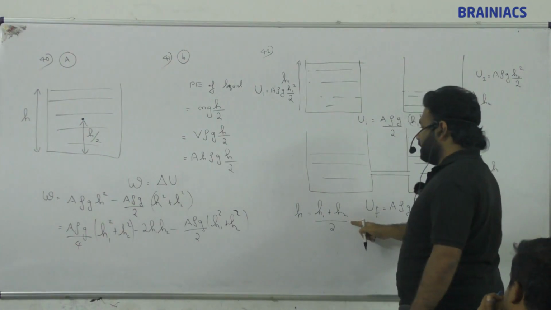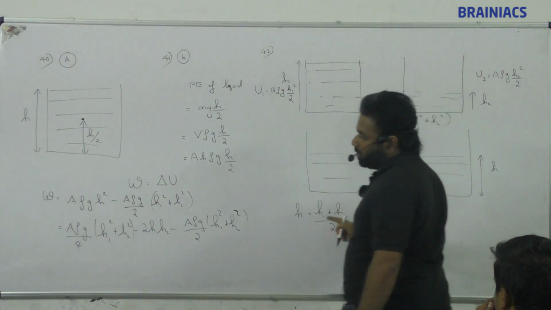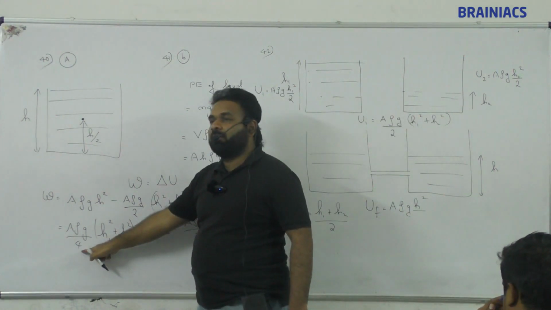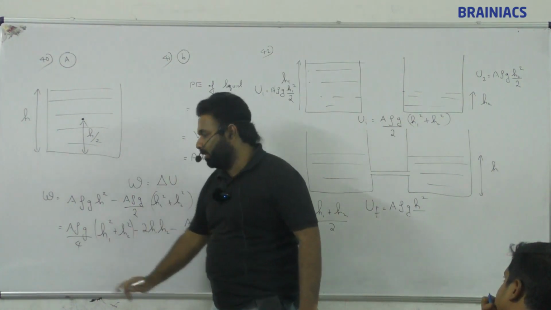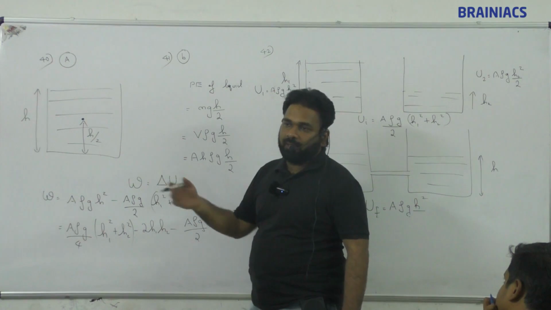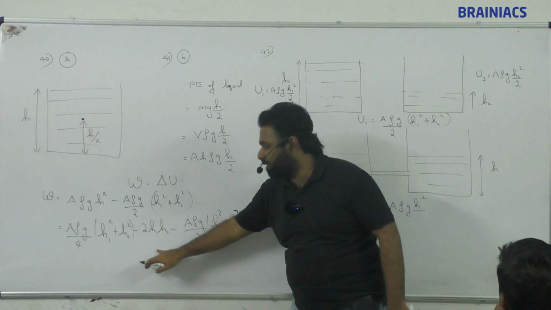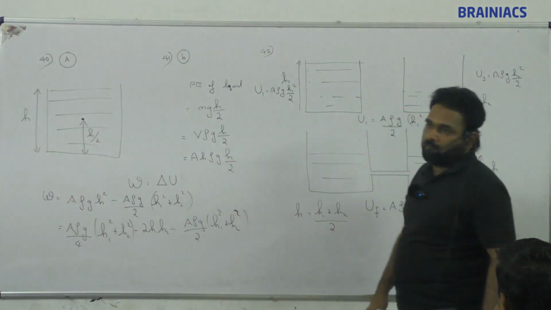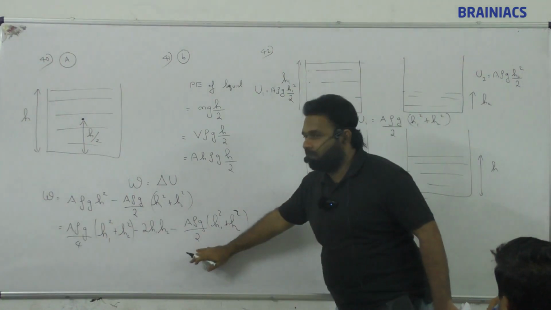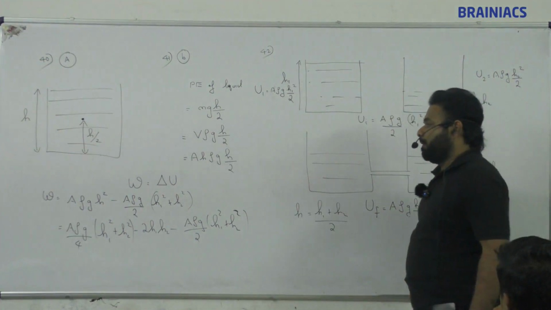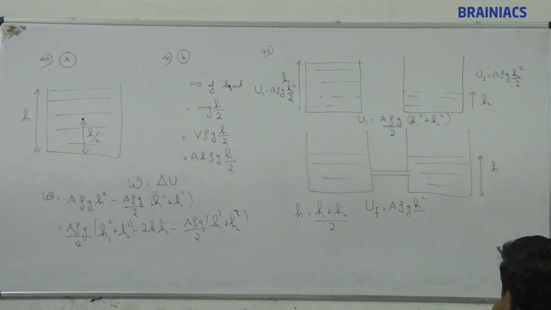See, this is actually h1 plus h2 by 2 the whole square, so by 2 a 4 will come. That 4 I put here. A plus b whole square, a square plus b square, minus 2ab, that is minus 2 h1 h2. Just ask openly. Then this is our final potential energy. So from this we will get the answer easily based on the options. Tell me.